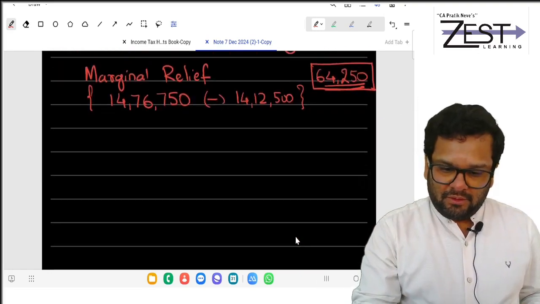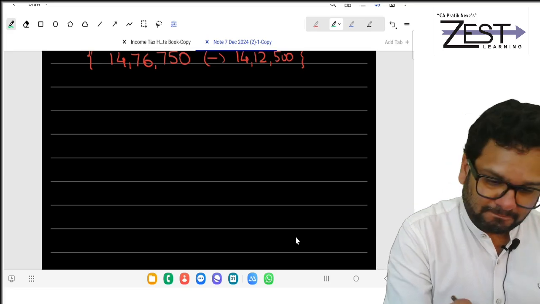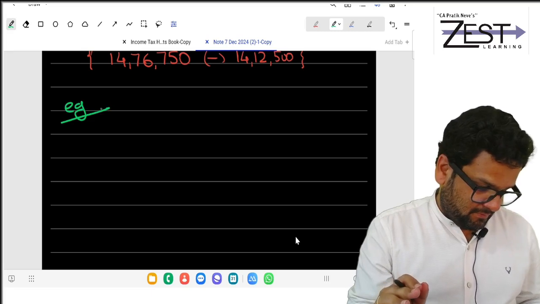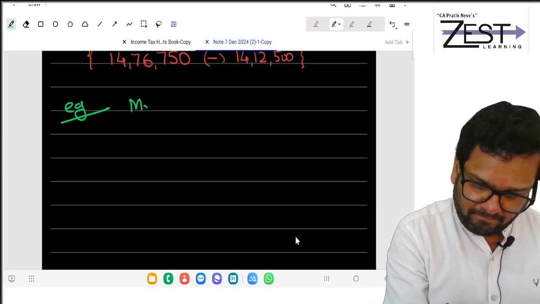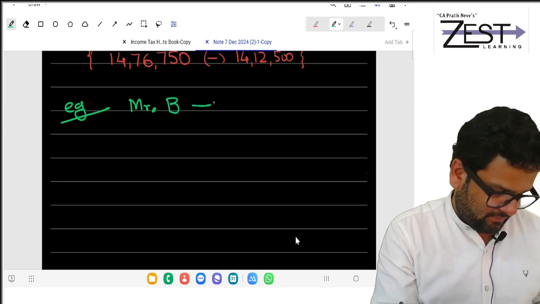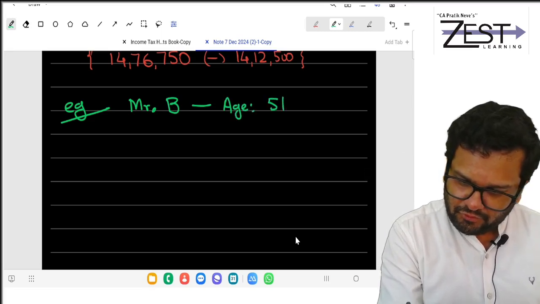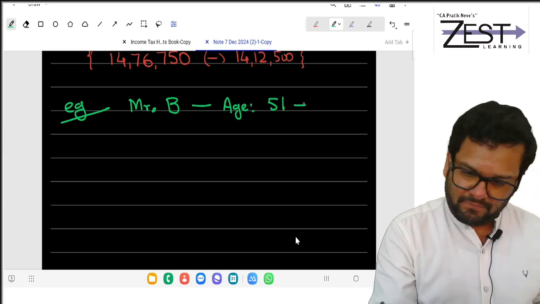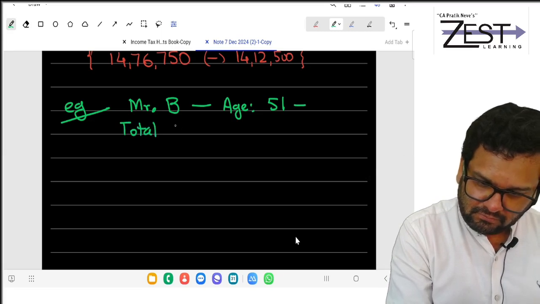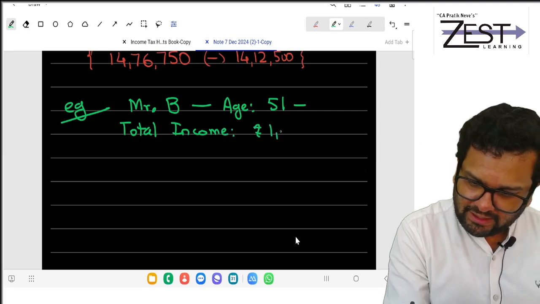Now, next example. Understood now? Next example. Mr. B, compute for Mr. B. Age 51, total income 1 crore 1 lakh.